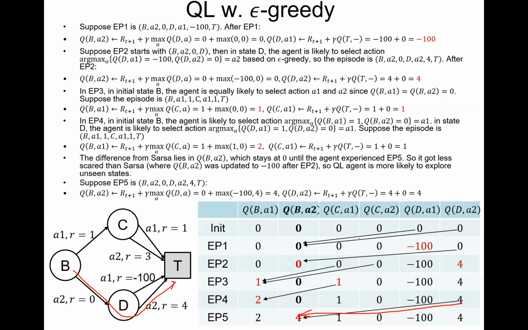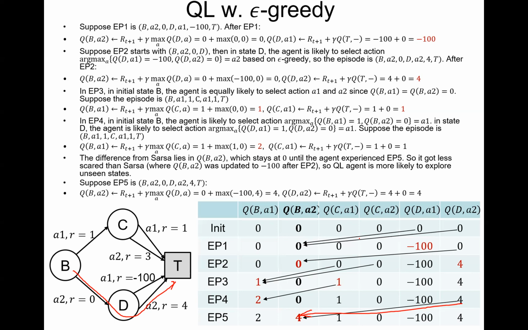So from this example, you can see that Q-learning, because of the update formula with a max in it, tries to explore the unknown actions.